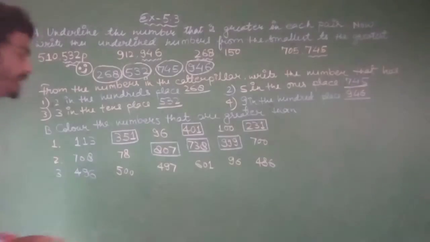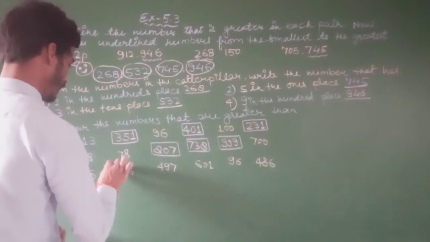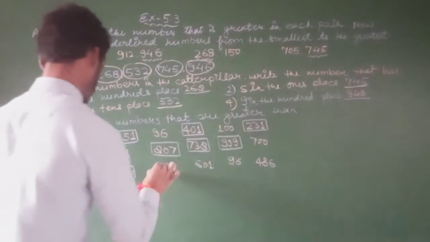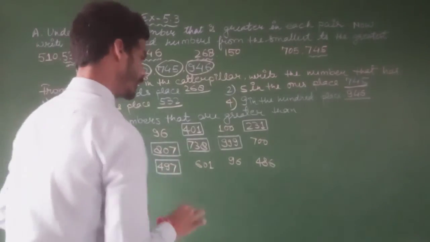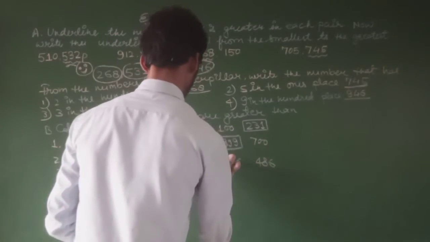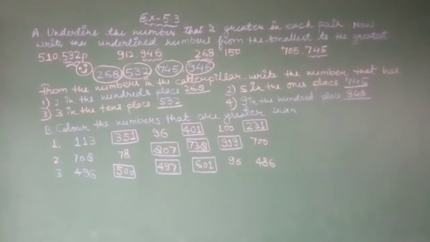Color the numbers that are greater than 496. So 500 is greater than 496, 497 is also greater than 496, and 601 is also greater than 496. Now come to the next question.